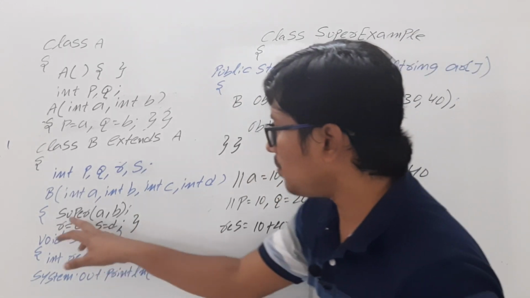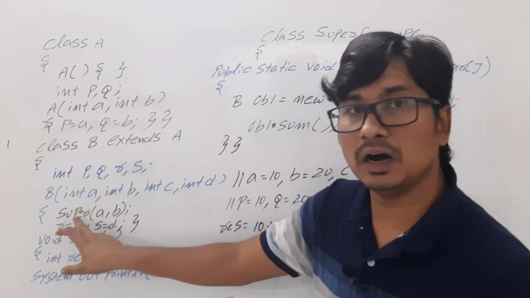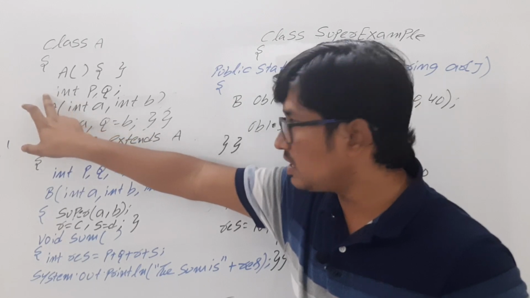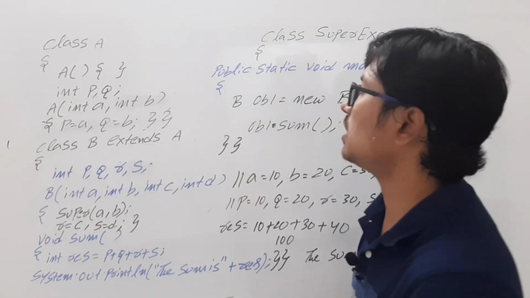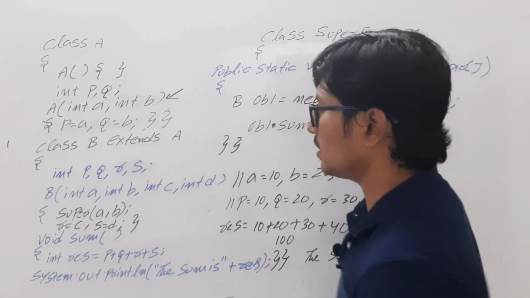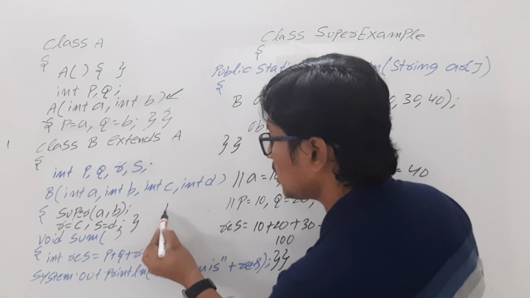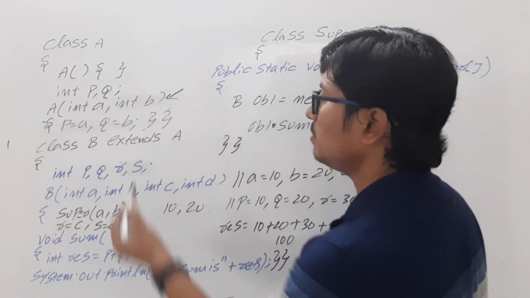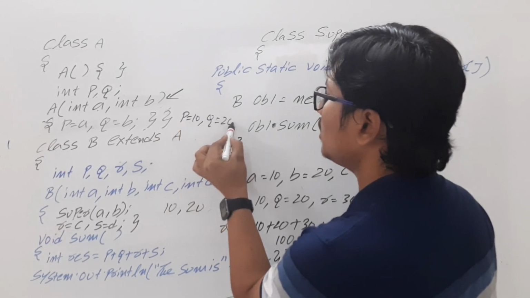Now what will happen is that it will search for a constructor in the superclass, which is A, having the two integer parameters. So this is the constructor. So it will come here. What values it is passing? It is passing 10 comma 20. So here A value will be 10, B value will be 20. So obviously P will get the value 10, Q will get the value 20.